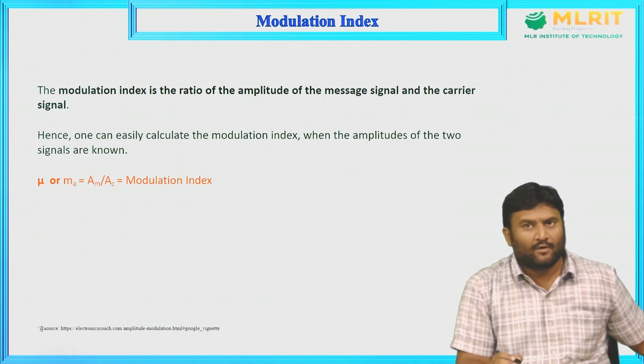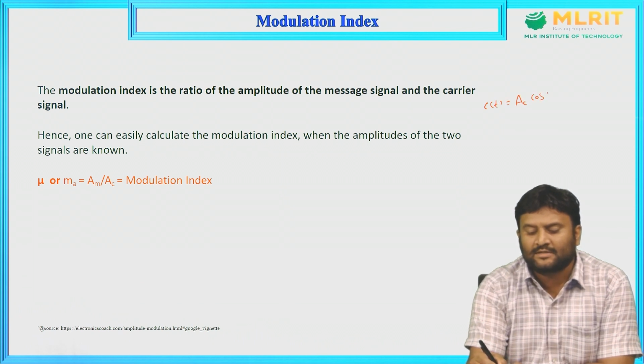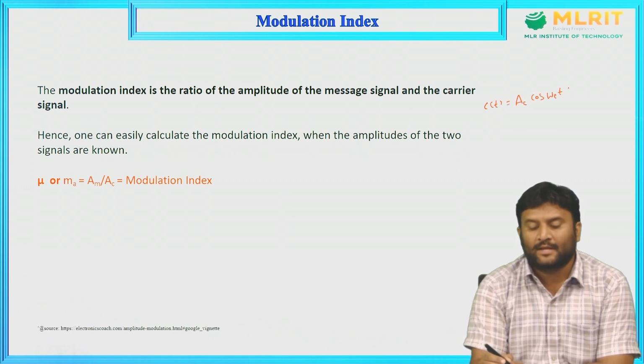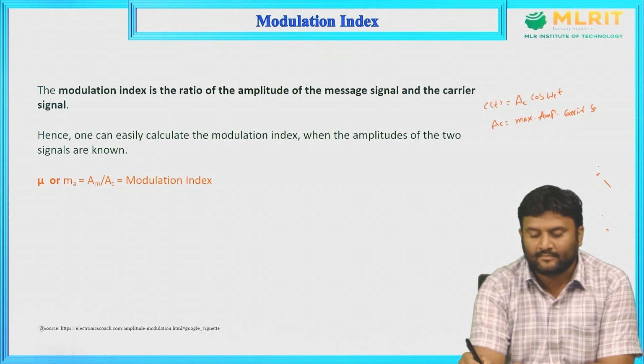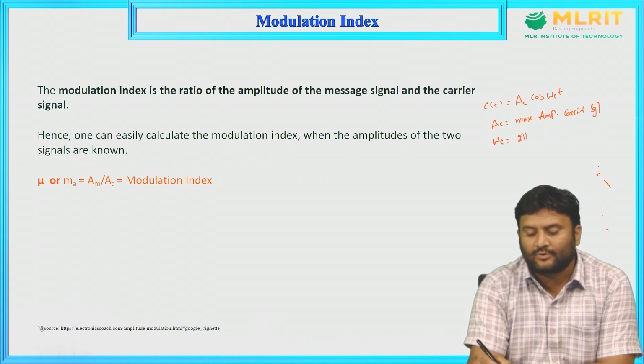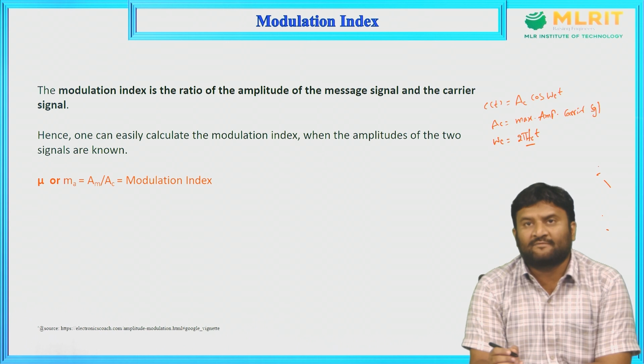Likewise, go for the carrier signal representation mathematically. c(t) is equal to Ac cos(omega c t). Here Ac is the maximum amplitude of the carrier signal and omega c is equal to 2 pi fc, where fc is the carrier frequency.